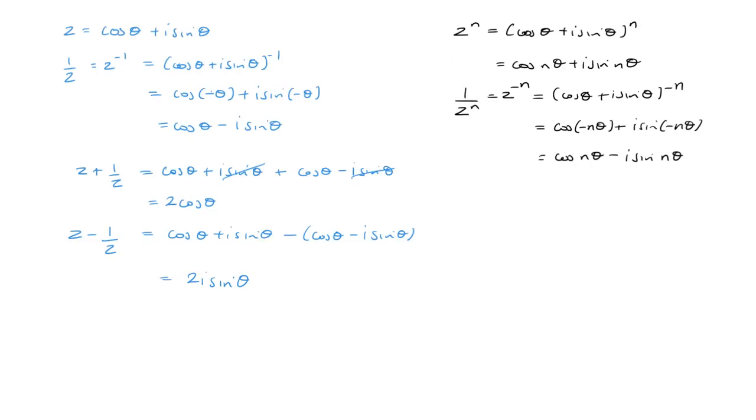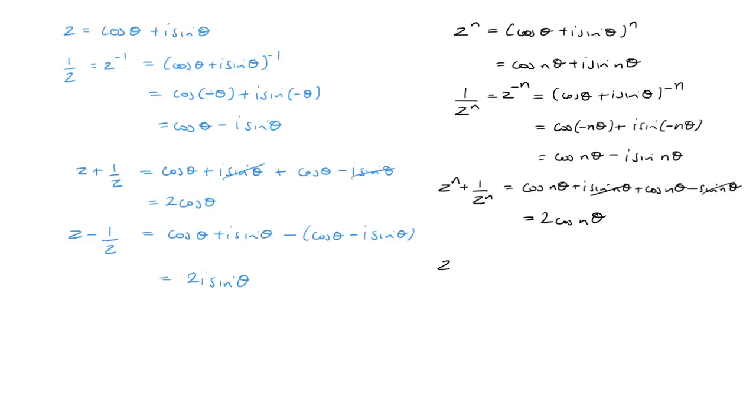Now if we did as we did before and add them, z to the power n plus 1 over z to the power n, that gives me cos n theta plus I sine n theta plus cos n theta minus I sine n theta, which is of course cancelling out the sines, 2 cos n theta.